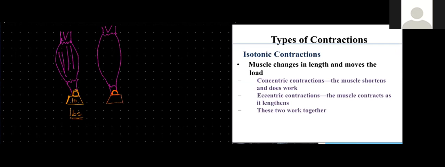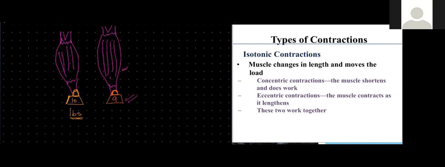Now I give it just 9 pounds. Would I be able to move the load? What do you think? Contracting this muscle, will it be able to move the load? Yes, I'm able to move the load.